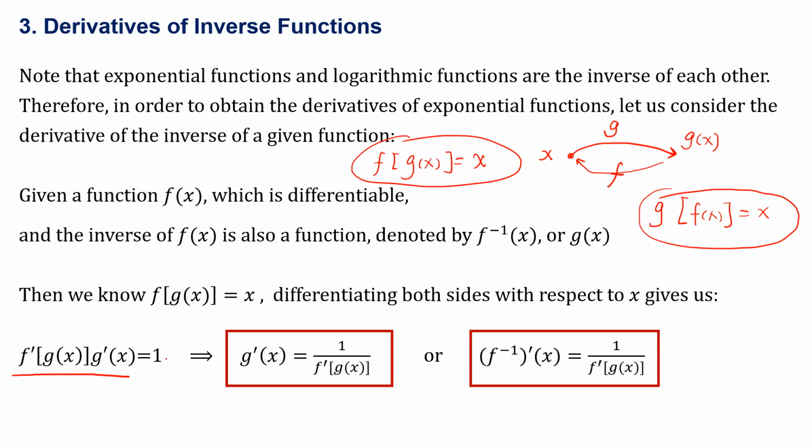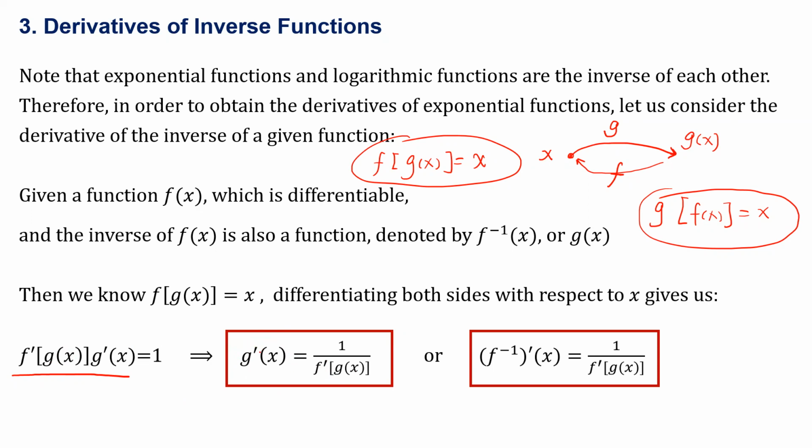So remember that we want to find the derivative of the inverse of the function, which is the derivative of g(x), right? We can simply divide both sides by the derivative of f with respect to g(x).